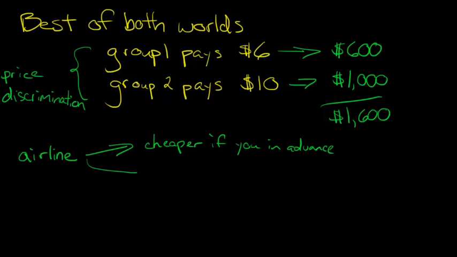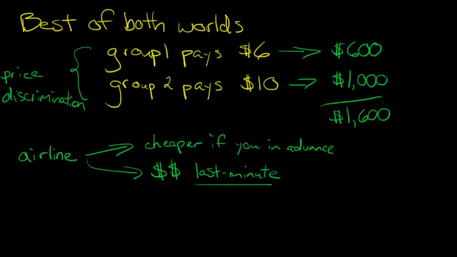But last minute is much more expensive. You get those business travelers at the last minute, and they don't have any discretion over whether they take the trip or not. Somebody who's planning well in advance can shop around with prices, but someone at the last minute is willing to just pay whatever.